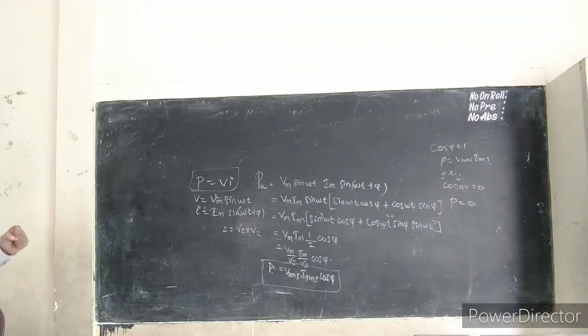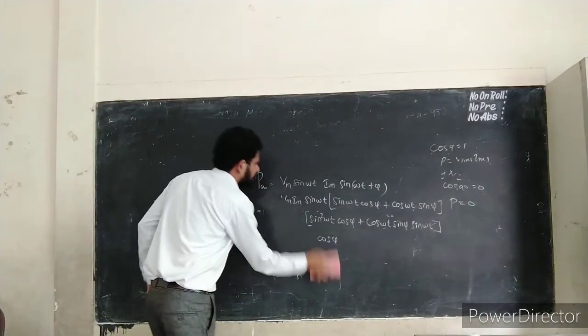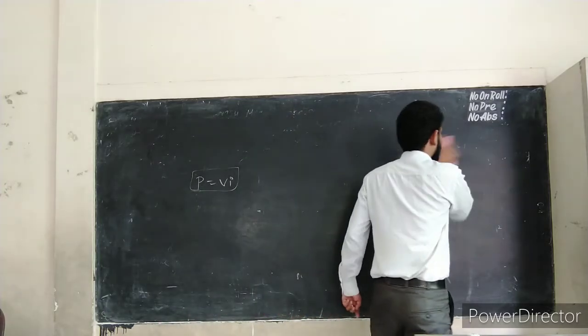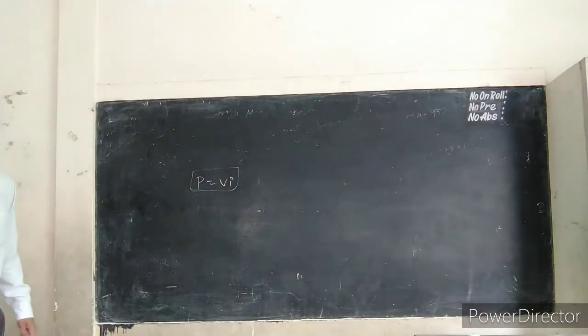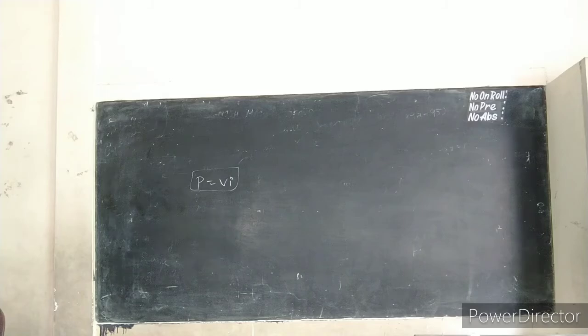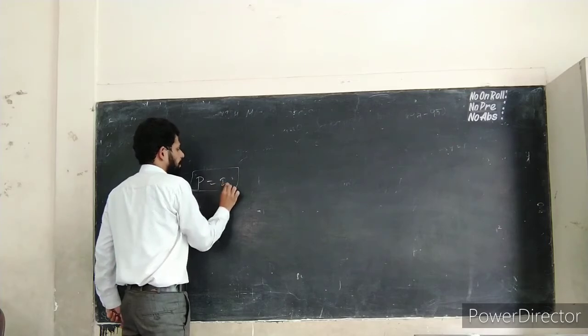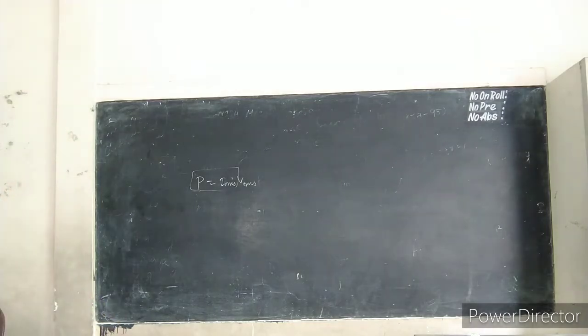The component of the current, Irms cos phi, which is in phase with the voltage, is called the active component. The power consumed by this circuit is Irms Vrms cos phi.